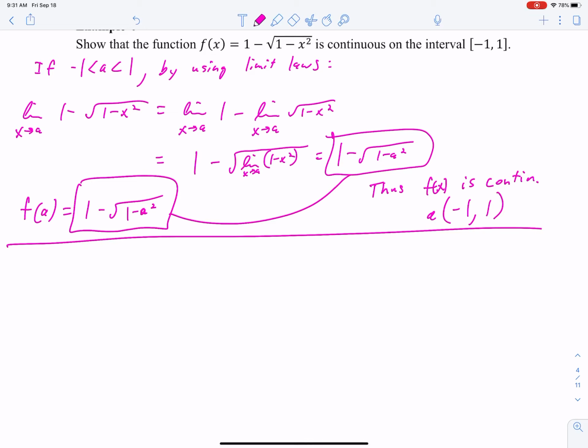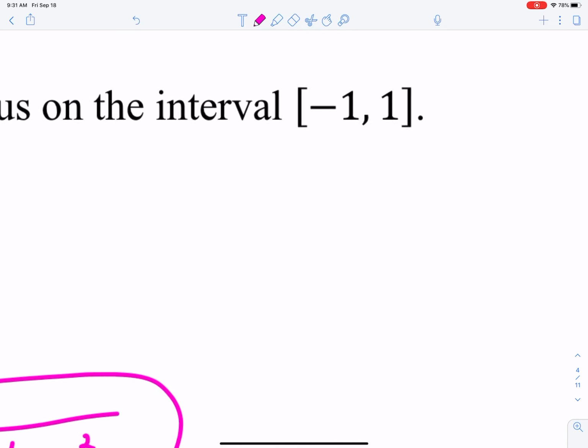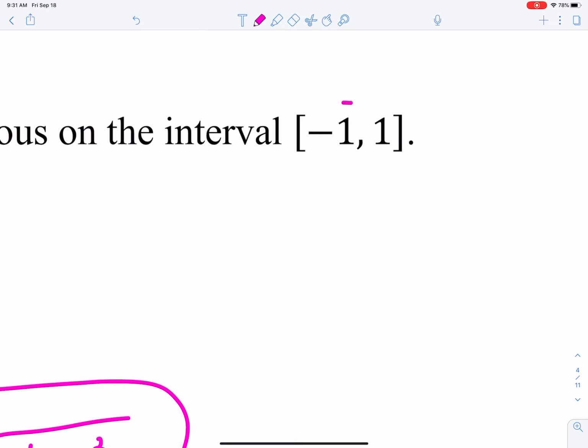All right, so we've proven now, and again, this is the proper amount of work, that this function is continuous inside the interval. Now what we've got to do is prove continuity at the endpoints. Now think of this interval. We're inside this interval, so what we want to do is stay inside the interval and catch the endpoints.